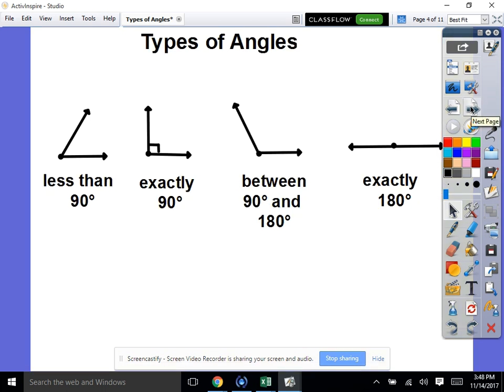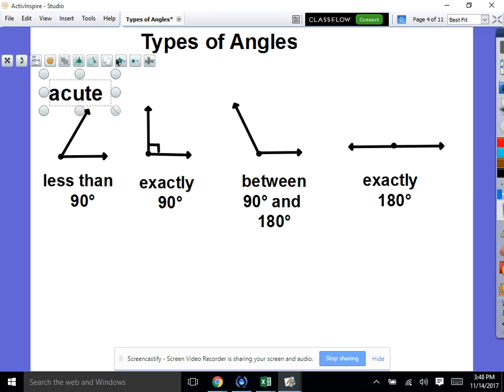All right. The first four types of angles that we're going to look at: the first one is less than 90 degrees, and that is called an acute angle.